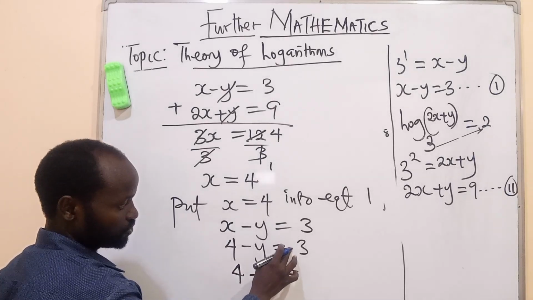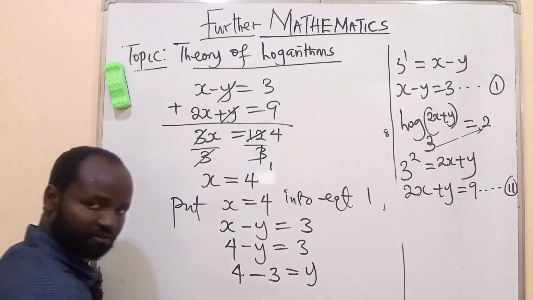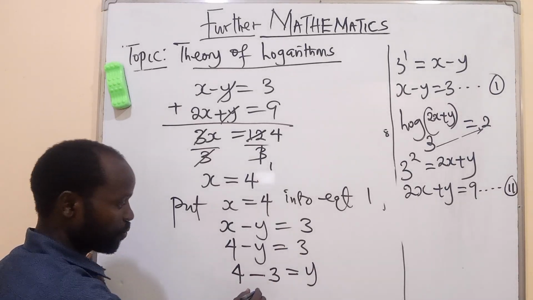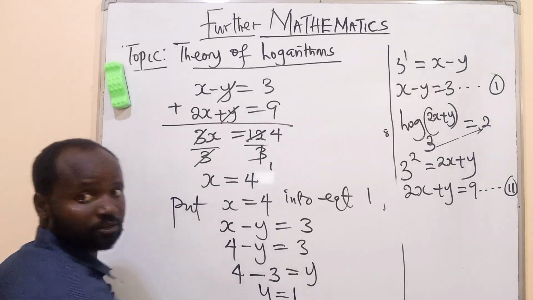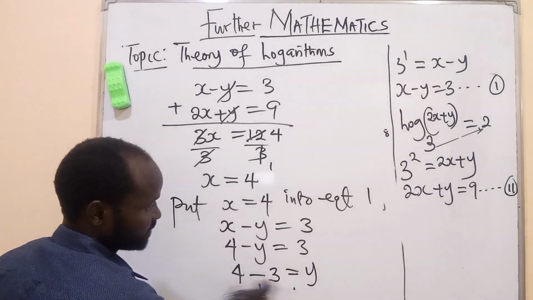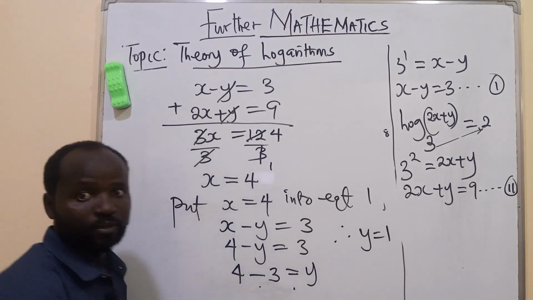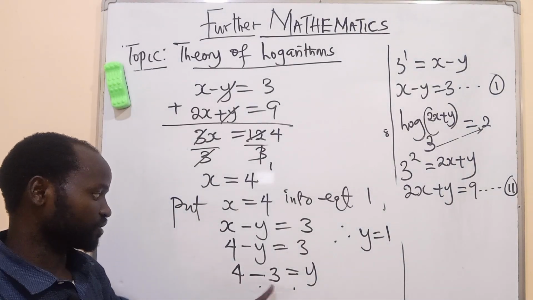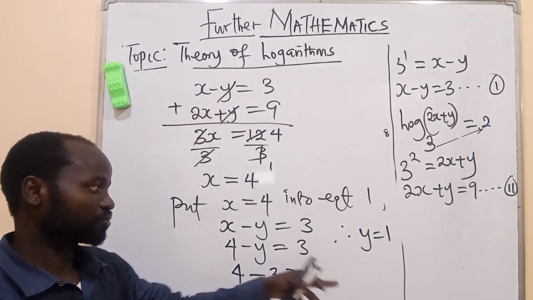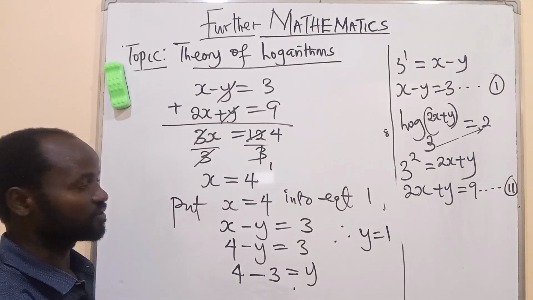When minus y crosses the equal sign, it becomes positive y. Therefore y equals 4 minus 3, which is 1. So the value of y is 1.